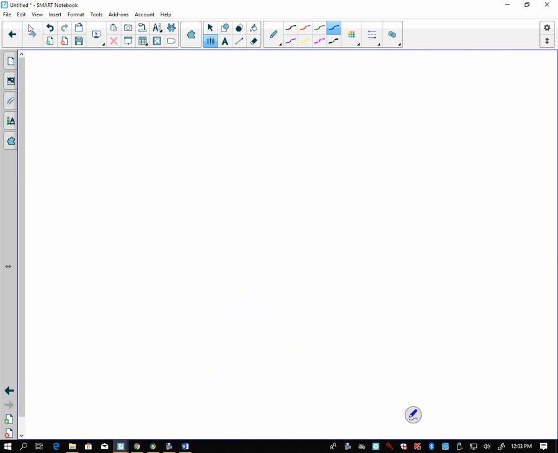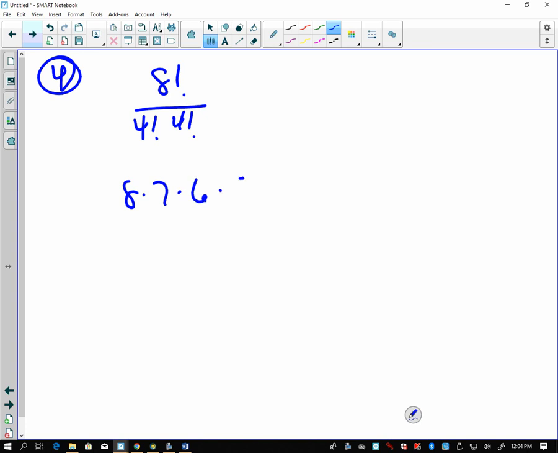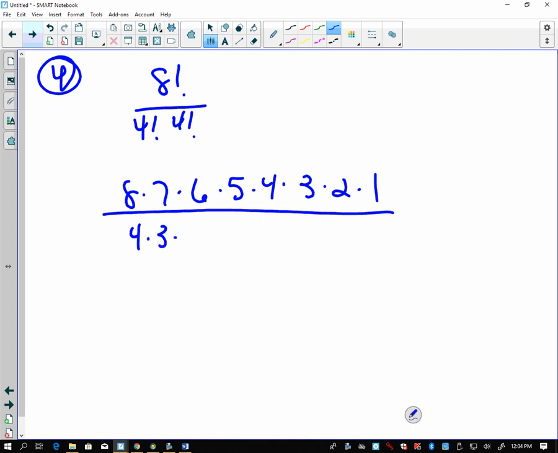After 1, you guys had number 4. We want to evaluate 8 factorial over 4 factorial, 4 factorial. Well, that's 8 times 7 times 6 times 5 times 4 times 3 times 2 times 1 all over 4 times 3 times 2 times 1 times 4 times 3 times 2 times 1.